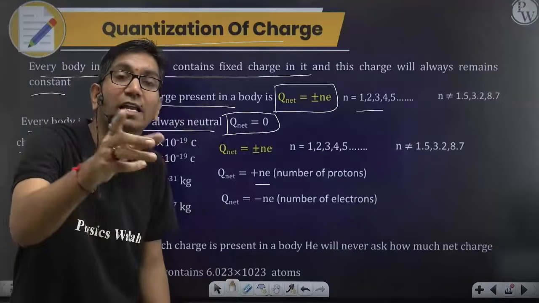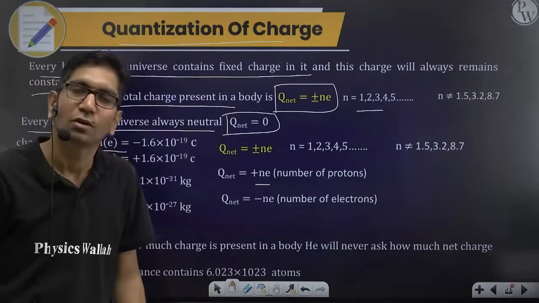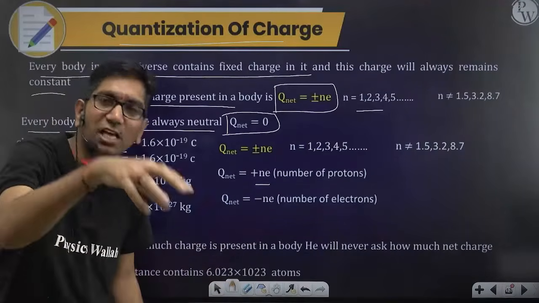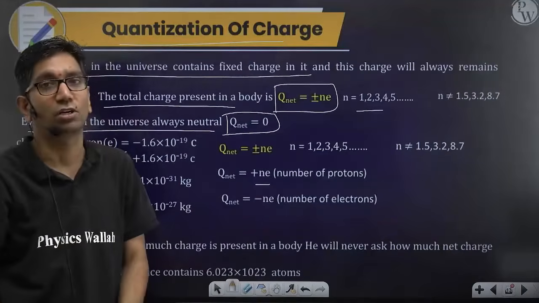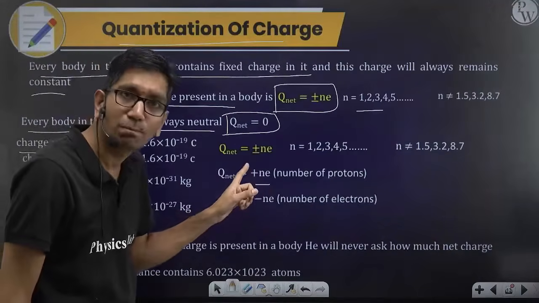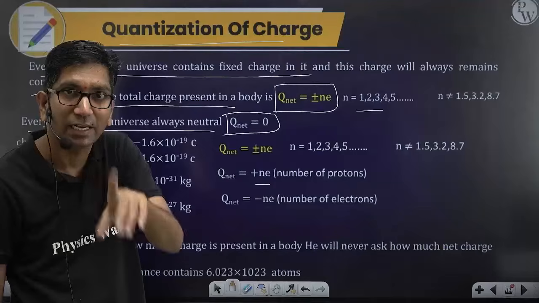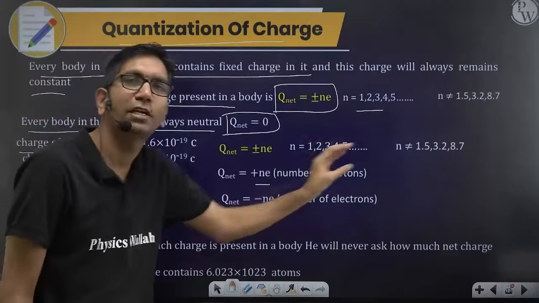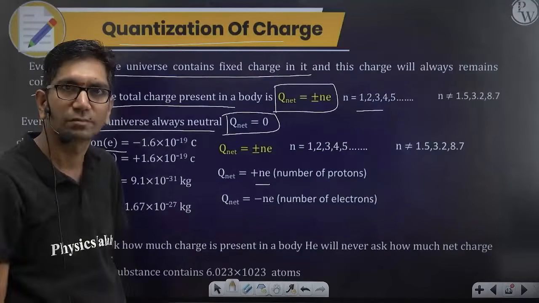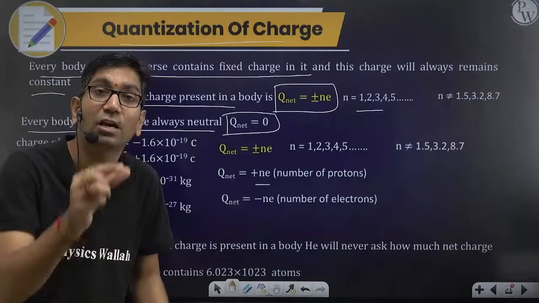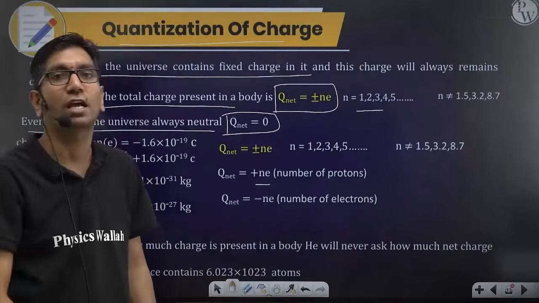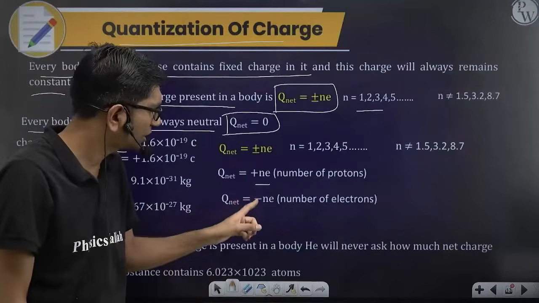calculate the protons present in 10 grams of water. It means calculate the charge present in 10 grams of water. So you have to write down the plus. You will be getting the answer as plus something into something. Some number you will get. Calculate the electrons in 10 grams of water. So just change the symbol, that's it.